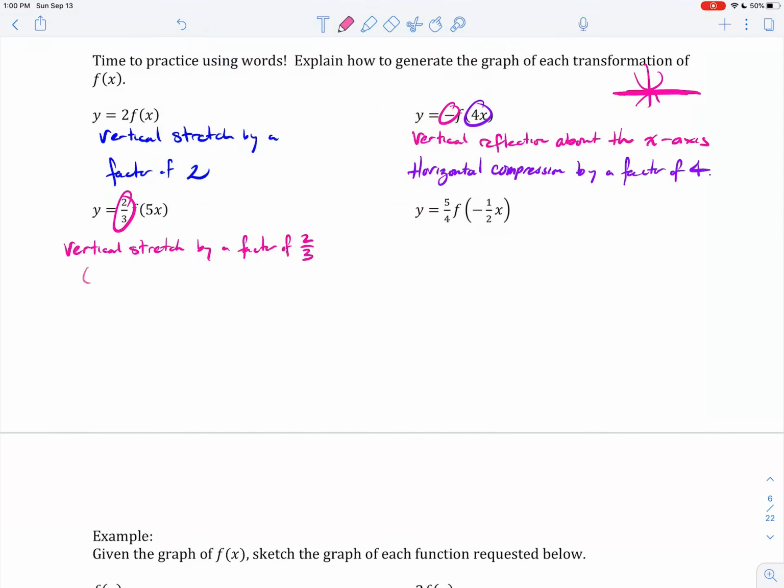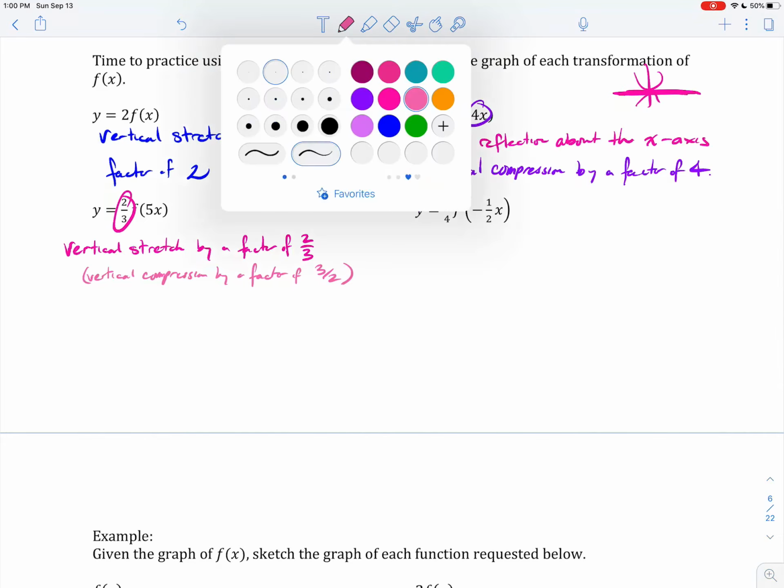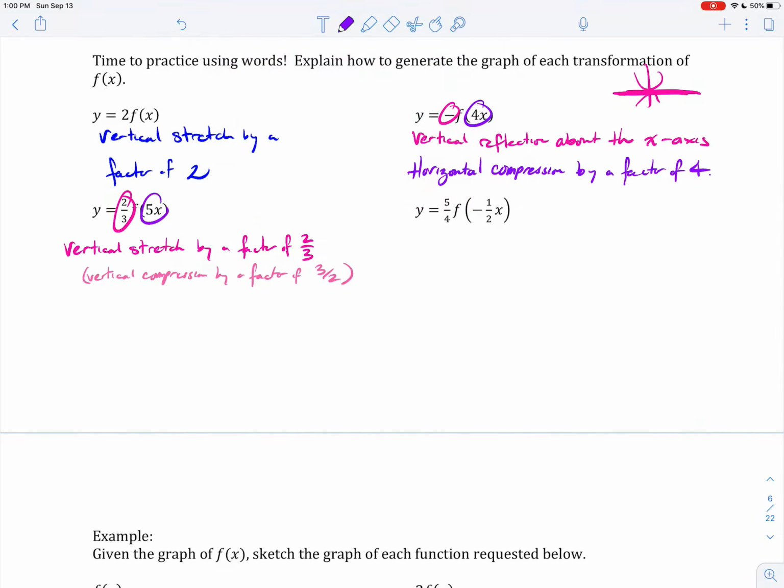You could also say this: it's compression by the reciprocal. Whatever way works for you, go with that.